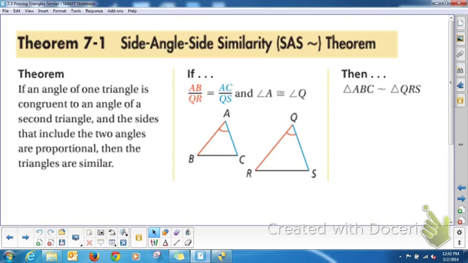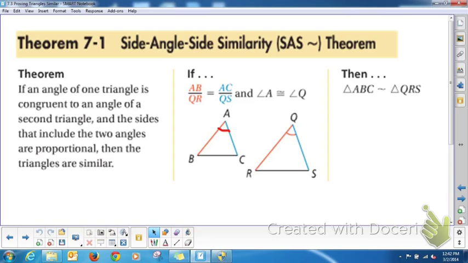Then we have side-angle-side similarity. Now, this is just like side-angle-side congruence in the way that it's side, the included angle, side. So, in this situation, the sides are not congruent, they are proportional.